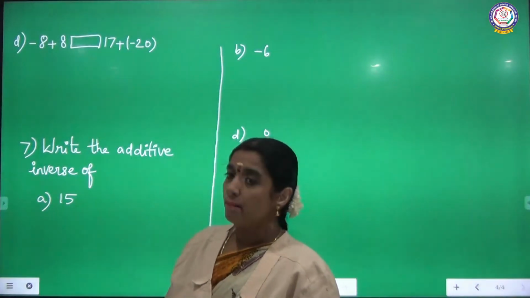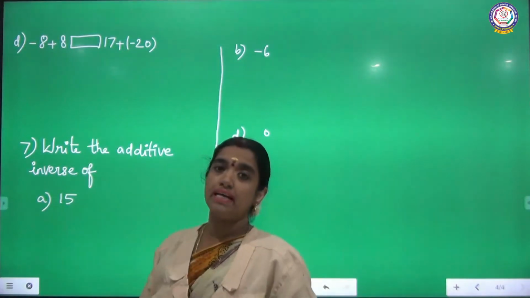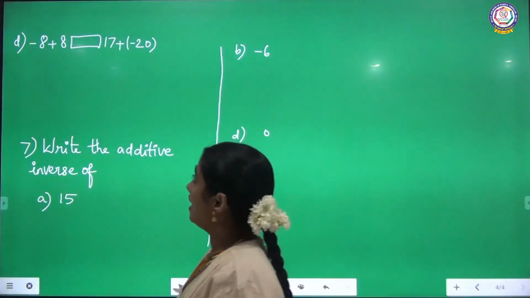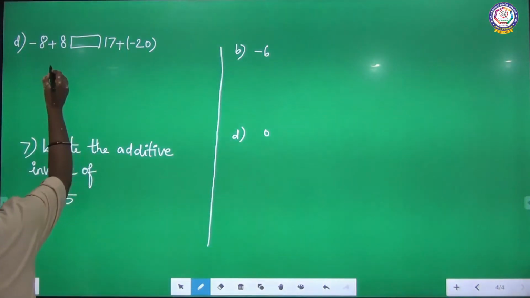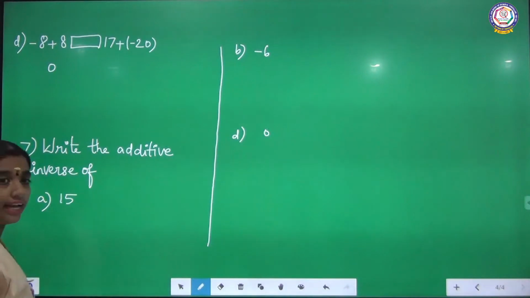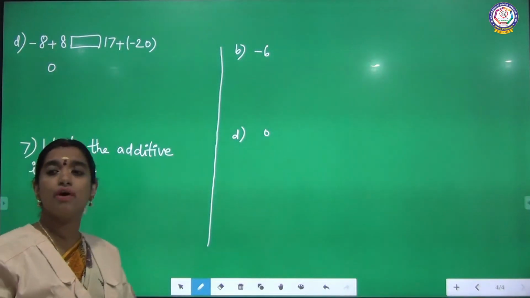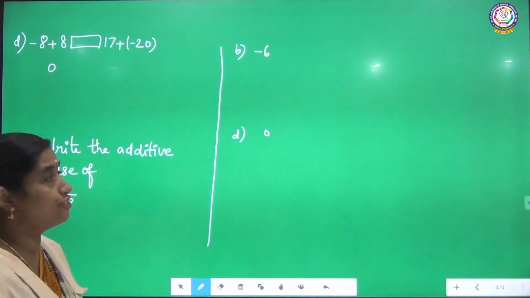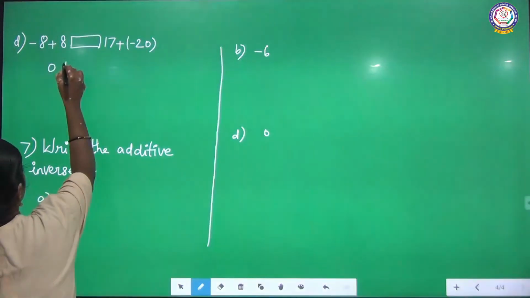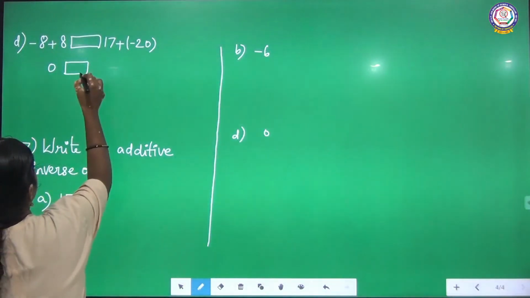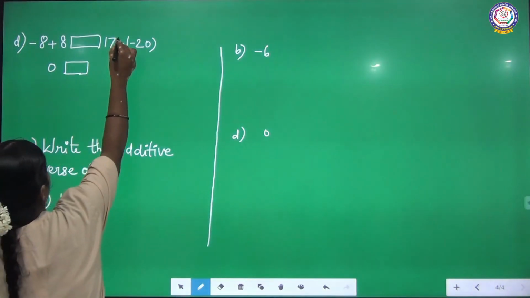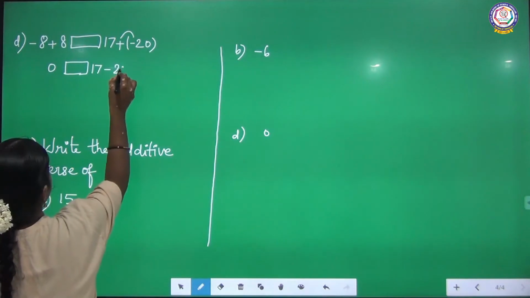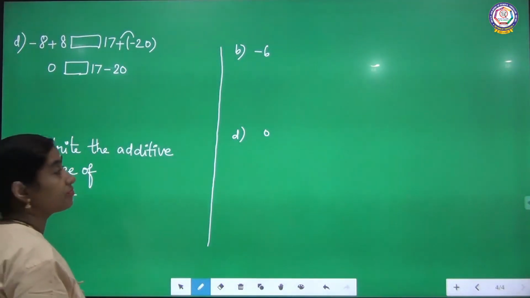See here, minus 8 plus 8. What is that? 0. The negative integer as well as the positive integer are the same, so what is the answer here? 0. And see this: 17 plus into minus, minus 17 minus 20.